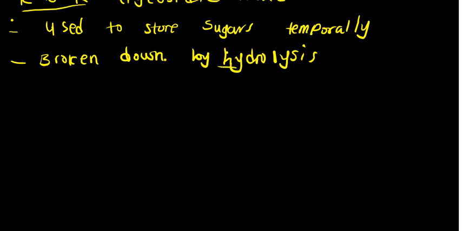Remember when we talked about the formation of disaccharides, we said there is a release of a water molecule. When you add back that water molecule lost during formation to the disaccharide, you get back to the monomers. Broken down by hydrolysis, which means addition of water.